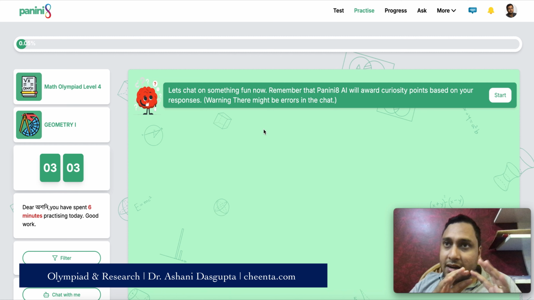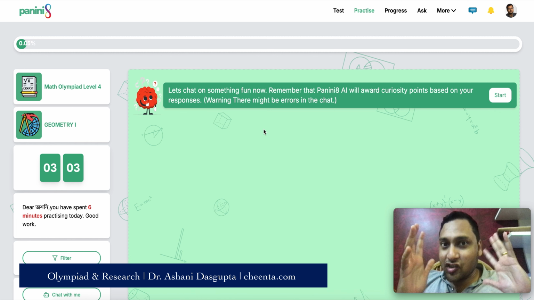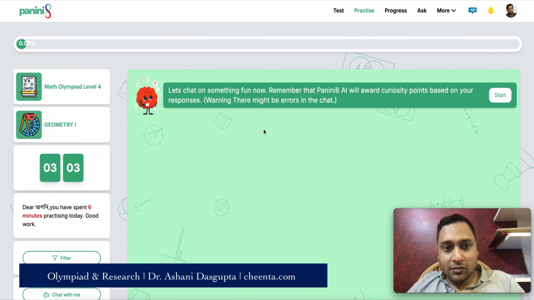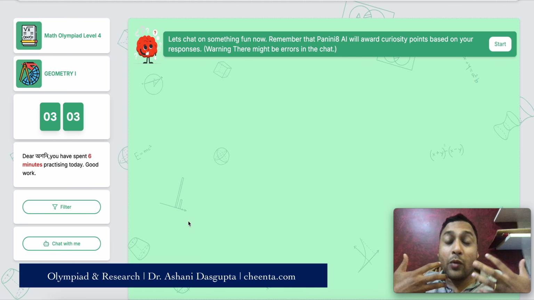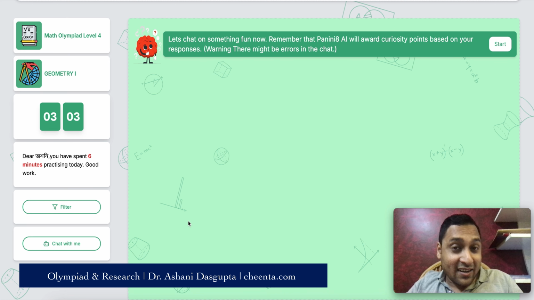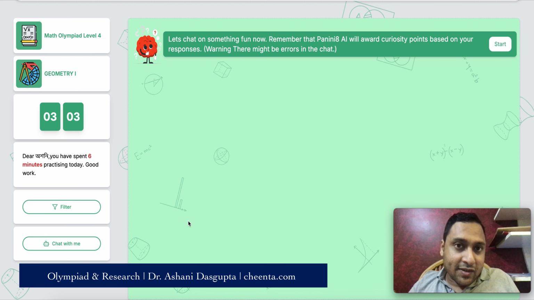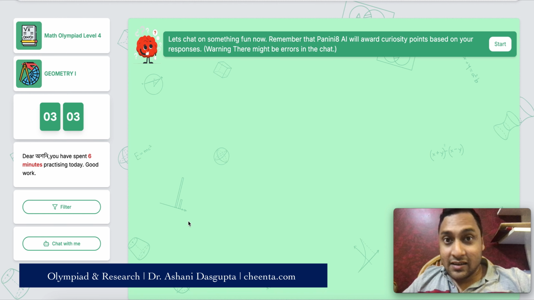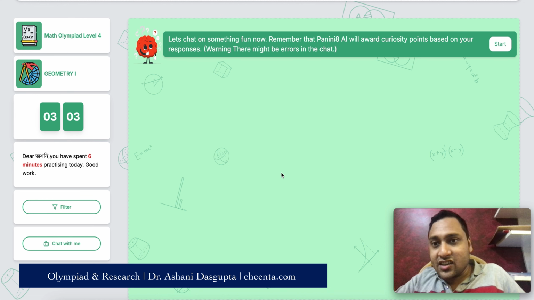First of all, continuously solving problems can create a little bit of attention deficit issue, so you can talk to someone in a sense. And the second thing, while you do this chat, we are trying to measure the curiosity of the user. We are using some algorithms at the back end. We are still trying to improve upon those algorithms. This is a very early stage of this bot.